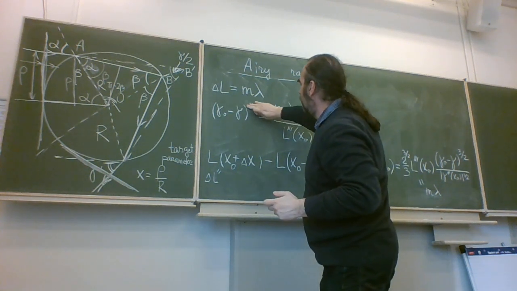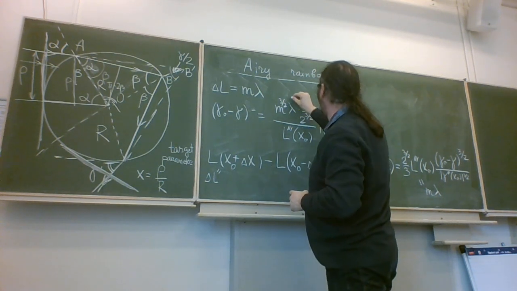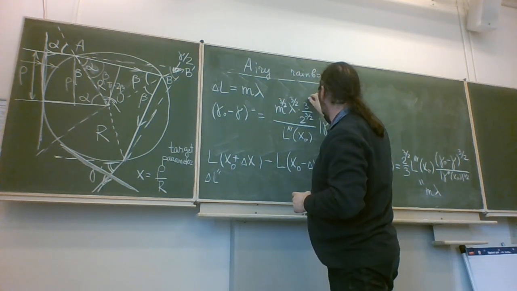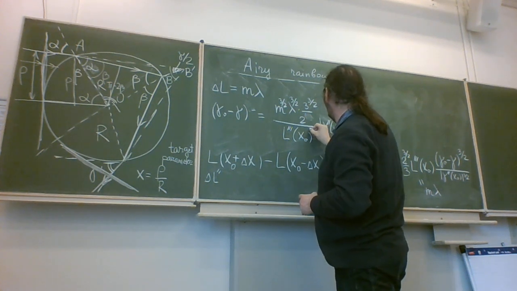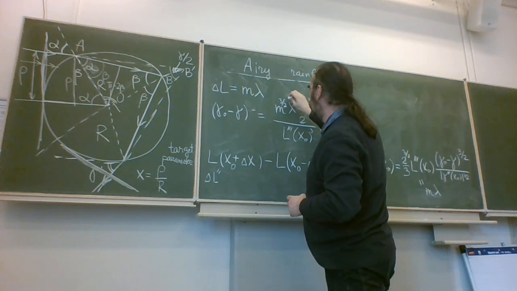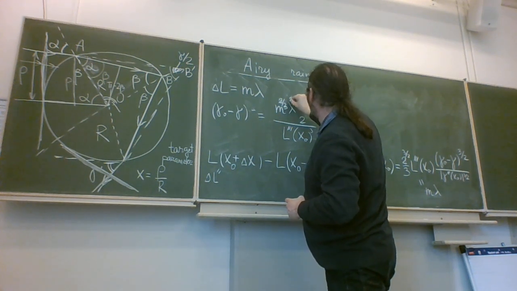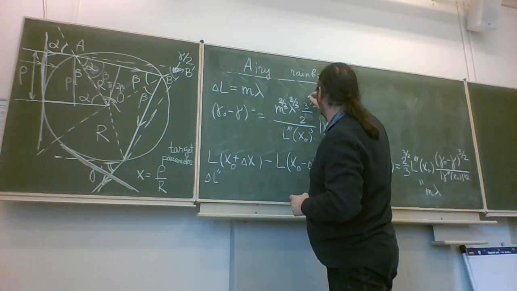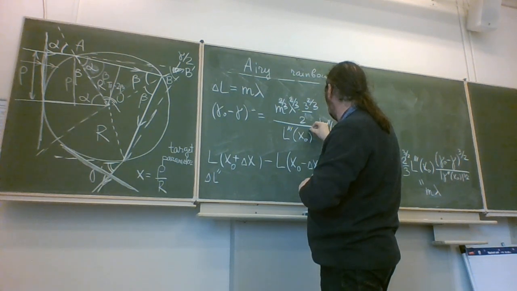So gamma naught minus gamma is m to the power 2/3, lambda to the power 2/3, and this disappears, and this becomes, oh sorry, 2/3, 2/3 here, 2/3, this is fine, and this is 2/3.